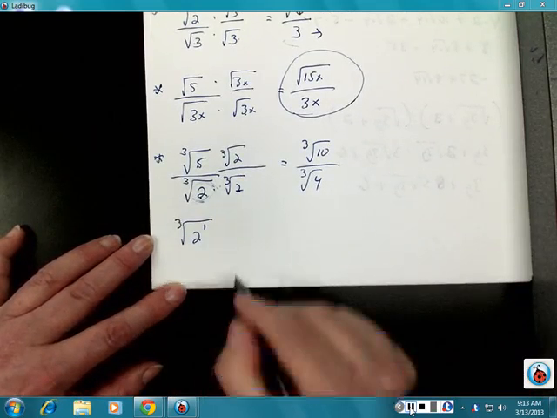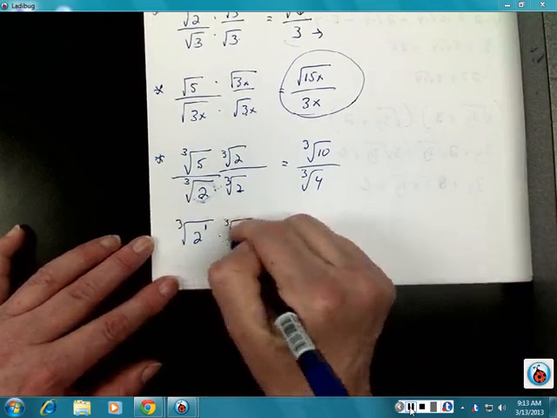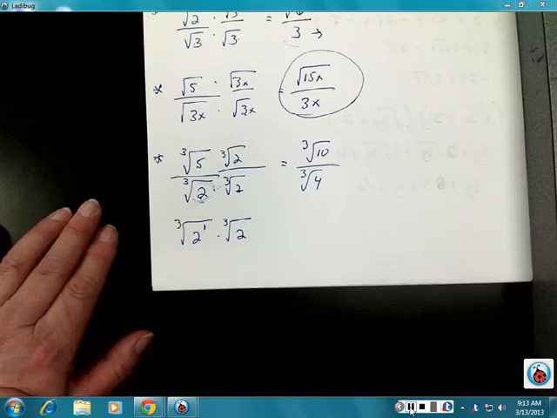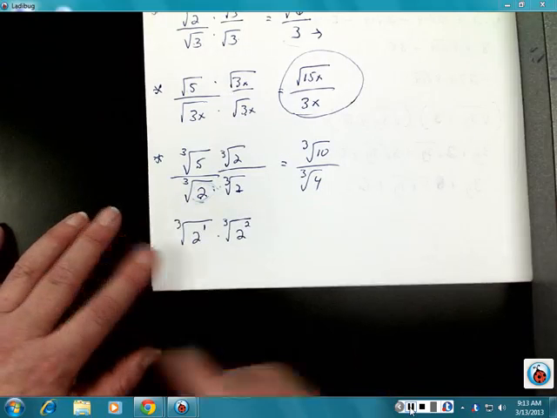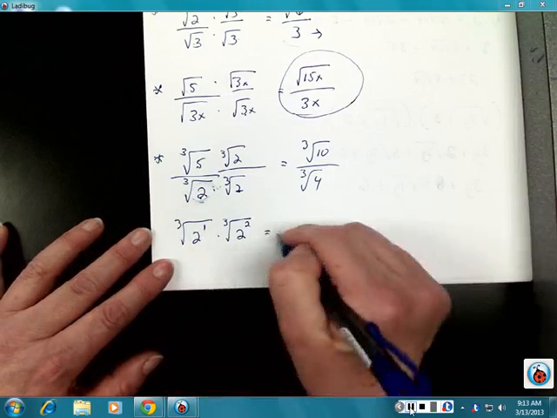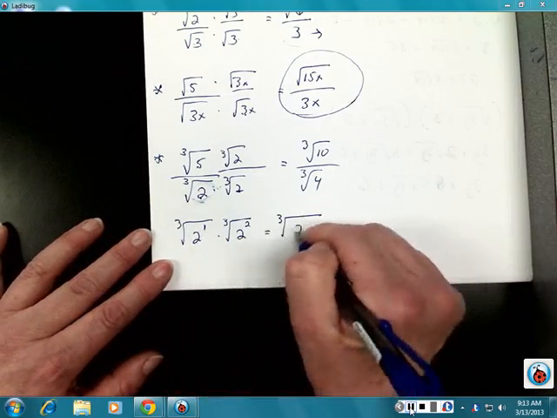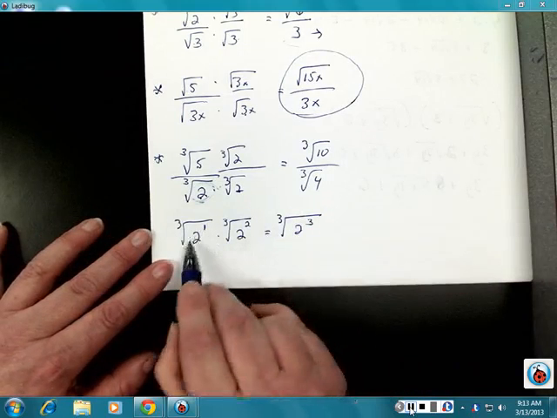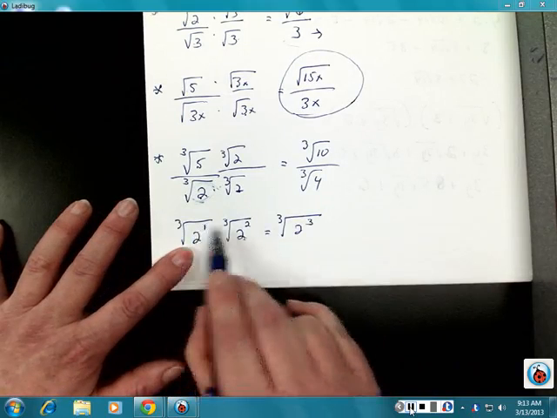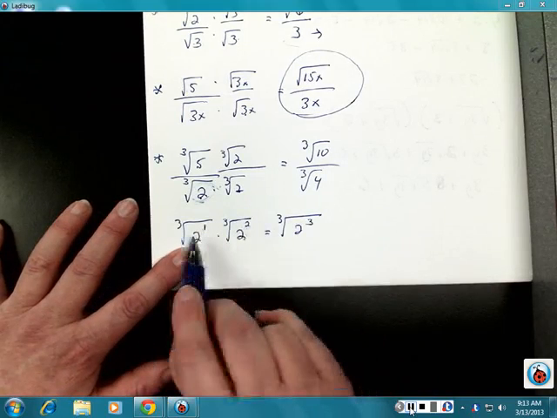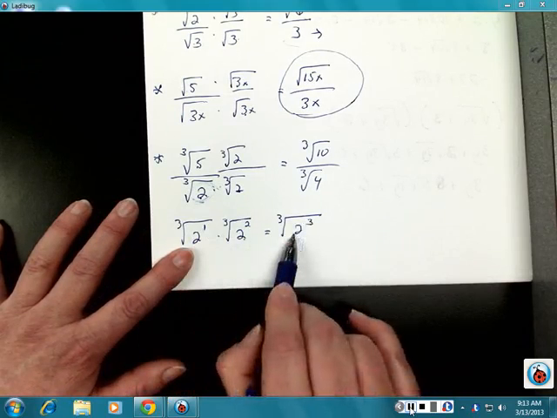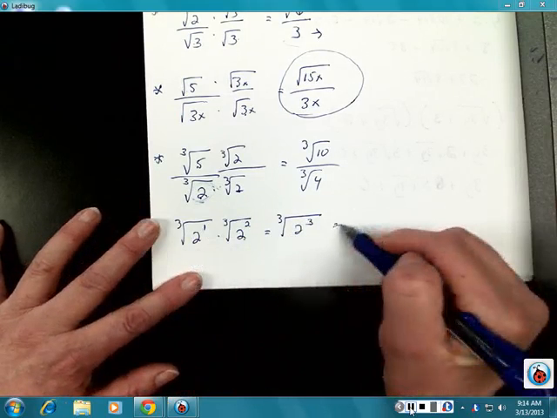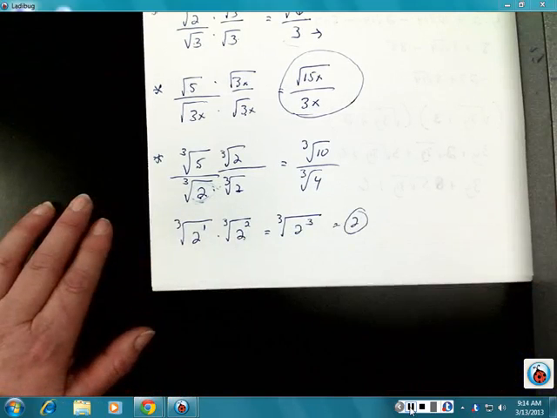How in the world am I going to make it a 3? Well, I'd have to multiply this by the cube root of 2 to the second. 2 squared. So if I multiply these two together, that gives me the cube root of 2 cubed, because exponent-wise, I can add these two things together under here. 1 plus 2 is 3. The cube root of 2 cubed is 2. Okay? Yes or no?